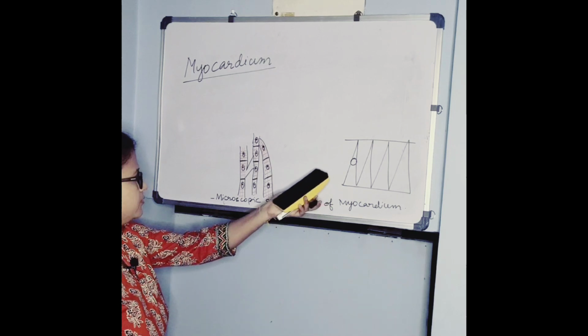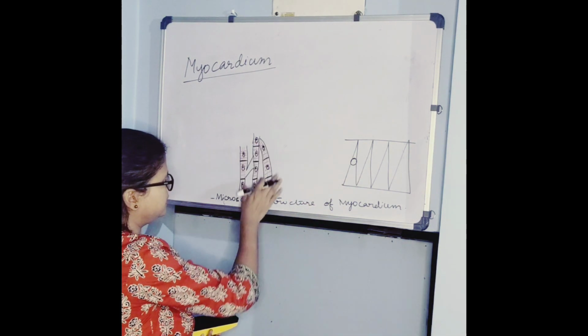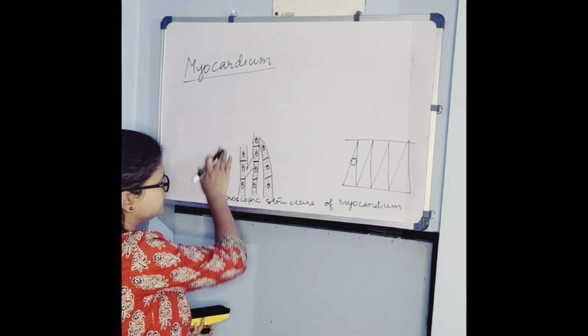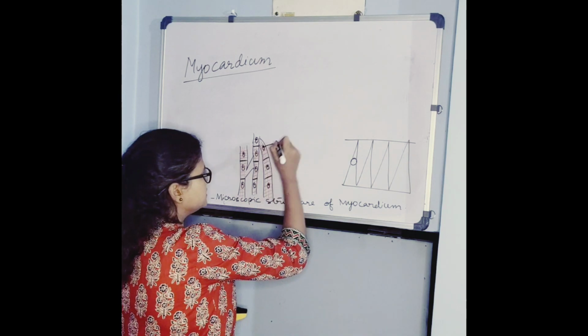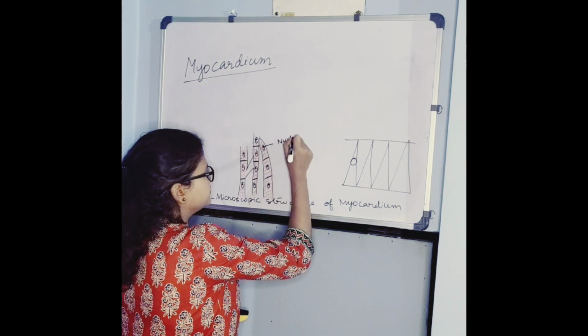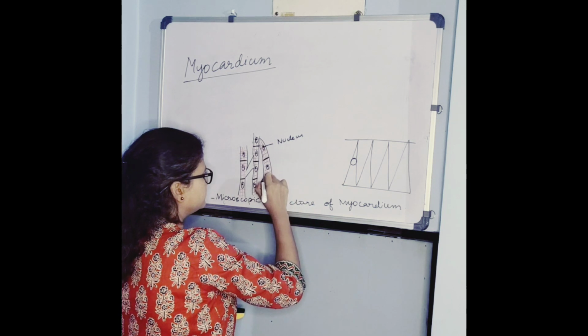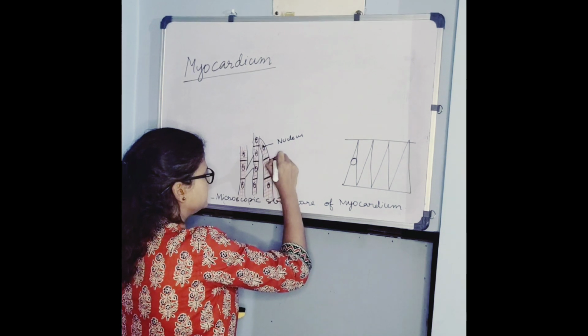When we take one part of the myocardium and put it under the microscope, we can see a structure like this. This is the nucleus. These are the branches.